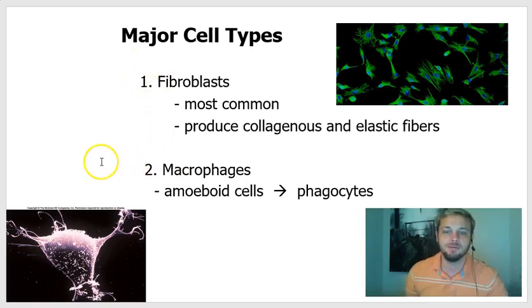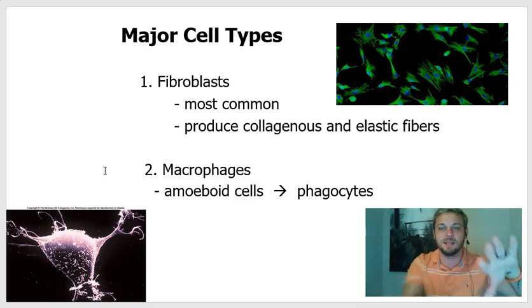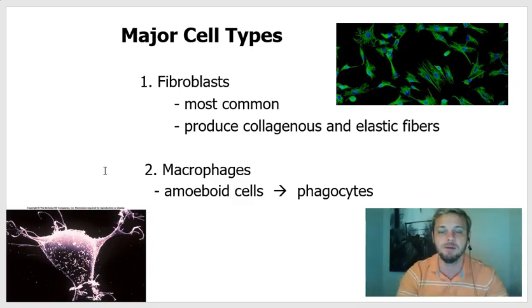Then we have our macrophages. If you remember, the white blood cells are held pretty low in concentration in the blood because most of them are going to be in your other connective tissues. And macrophages, these are going to be those cells that are derived from monocytes. And so when those monocytes do that diapedesis, when they crawl out of the blood vessel, they then become a macrophage that is going to be specific for the tissue that it's in.